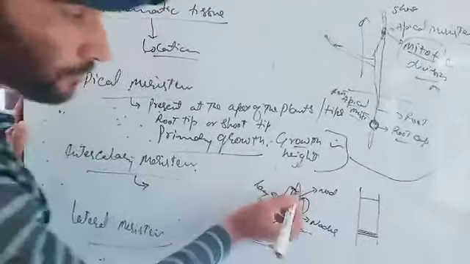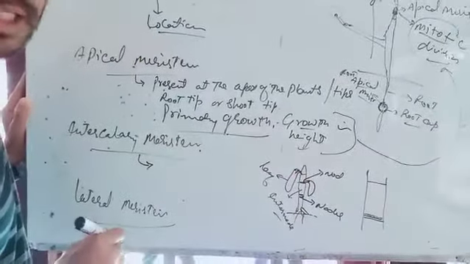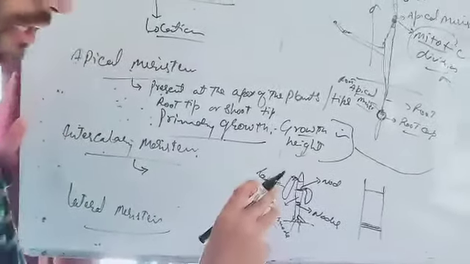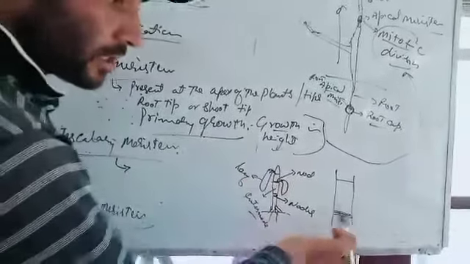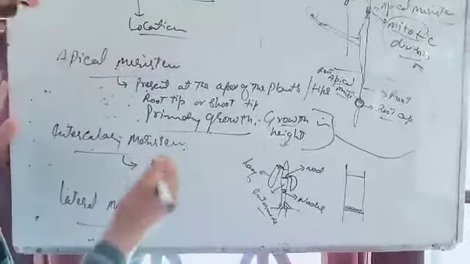What is the function of the intercalary meristem? I showed you the positions where it is present, in the leaves and at the base of the internode.